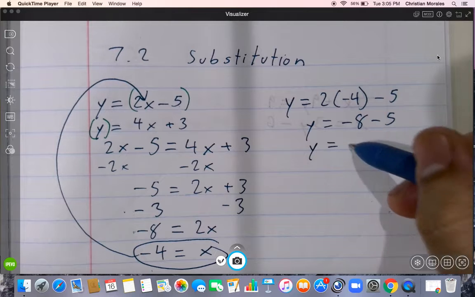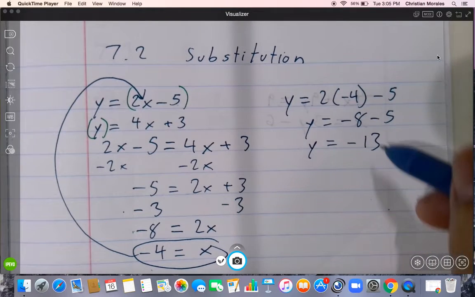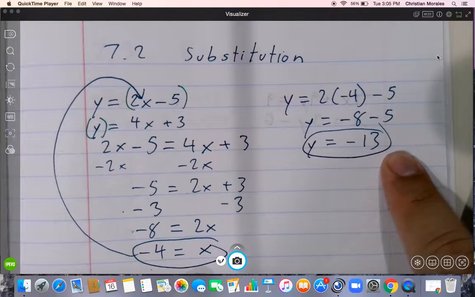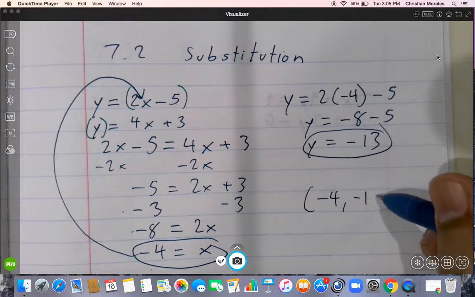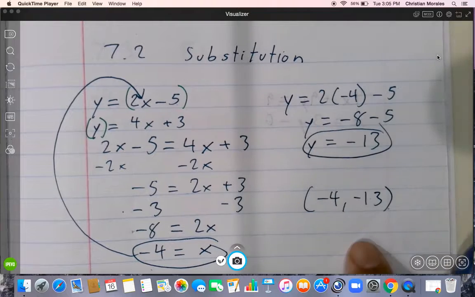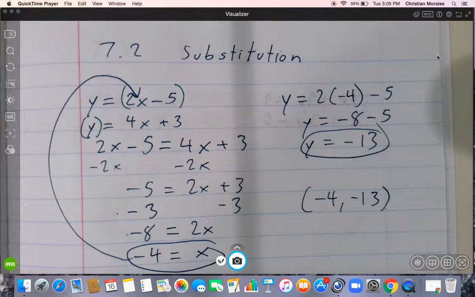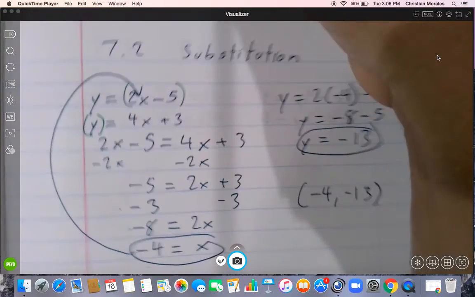Combine this, negative 13. Now, these are your two answers. You write that as an ordered pair. Your answer is negative 4 and negative 13. Because remember, this represents a point on a graph, right?